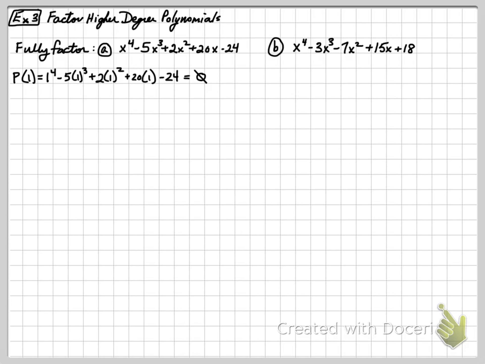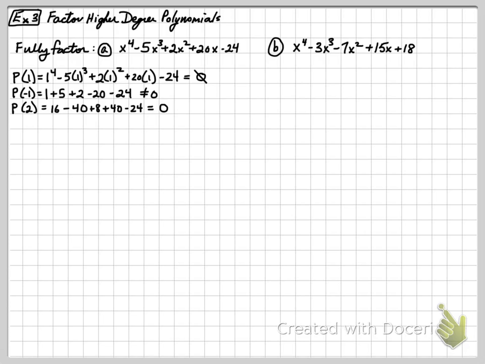And if we did that, p evaluated at 1 is not going to be 0. If I did p at -1, 1 plus 5 plus 2 minus 20 minus 24, and that one's not going to be 0. But when I evaluate p at 2, I get 16 minus 40 plus 8 plus 40 minus 24. That is equal to 0.